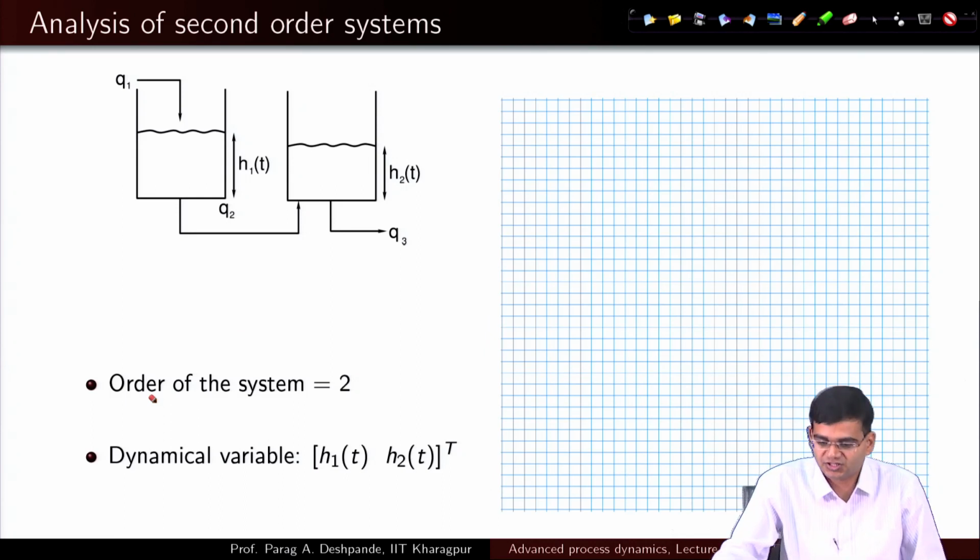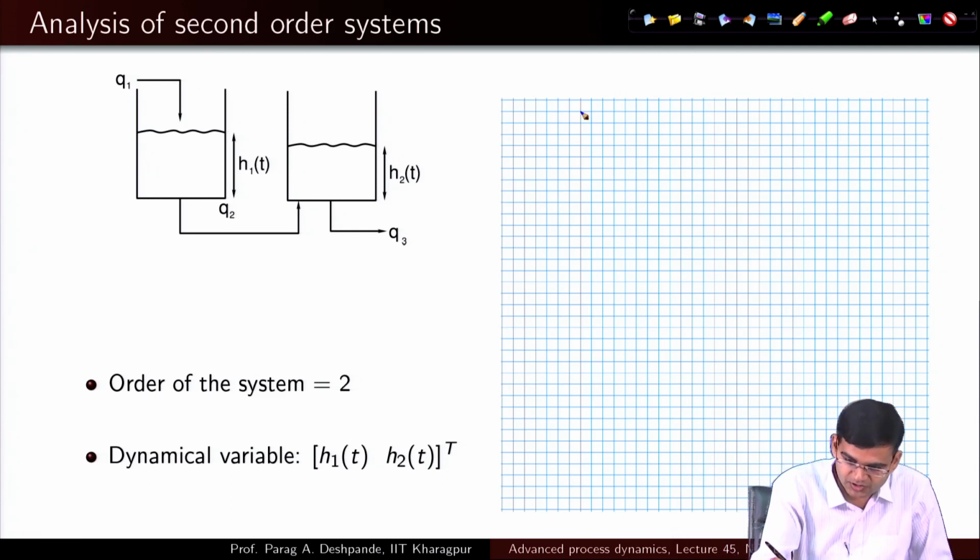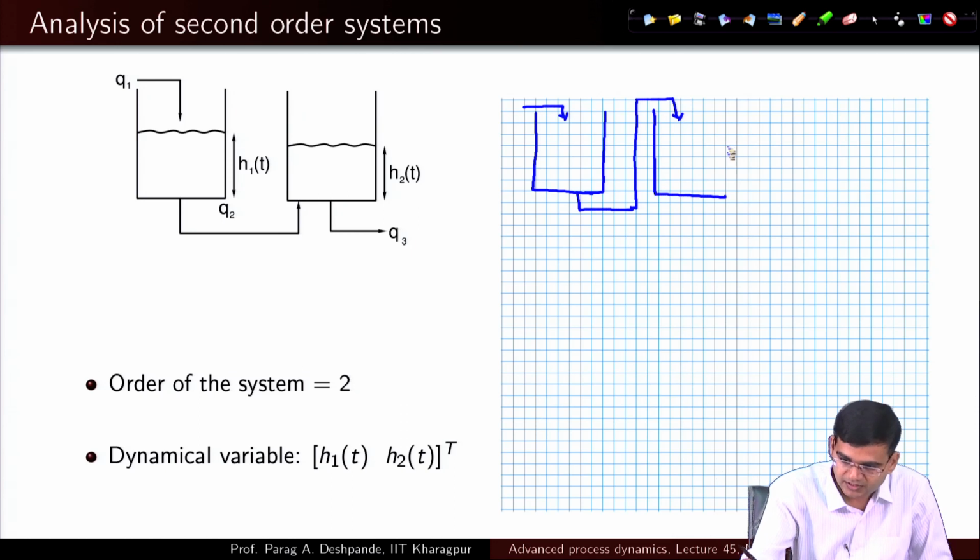If such is the construction of the system, what would be the transfer function is something which we would be interested in. So, let us look into two constructions. We have first construction in which the liquid is fed to the first tank, the outlet becomes open to atmosphere, and then you put that liquid in the second tank. Okay.